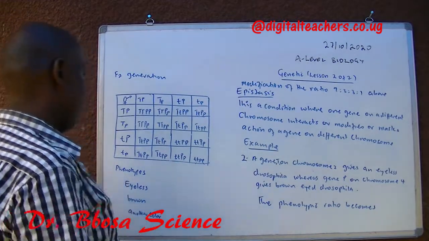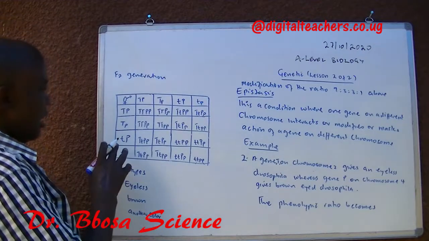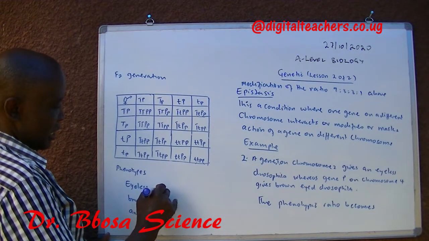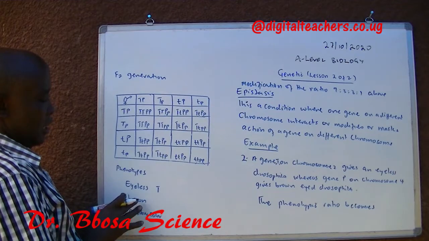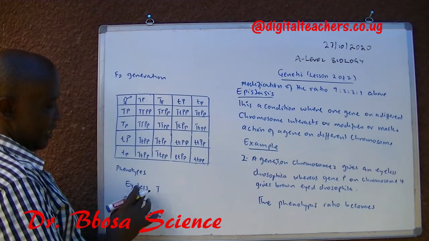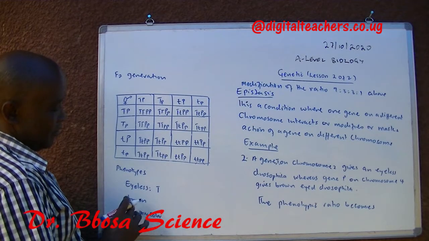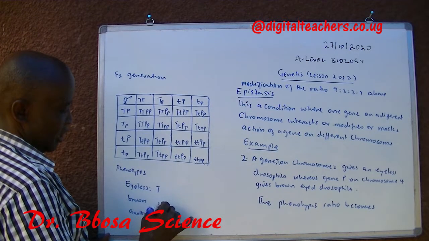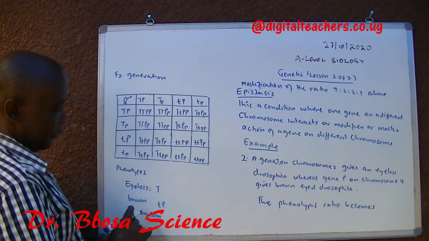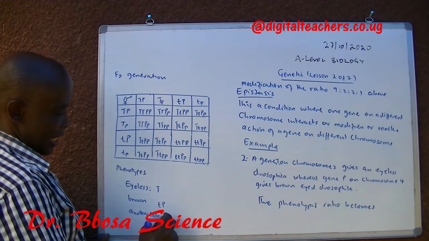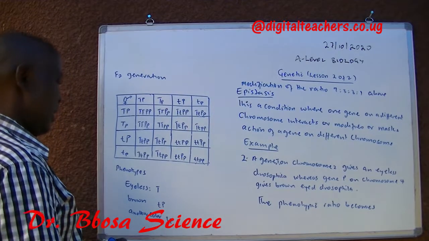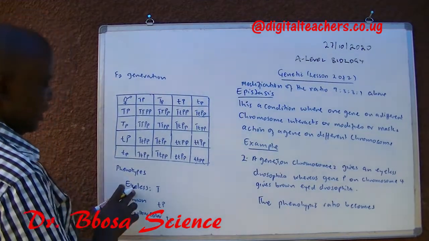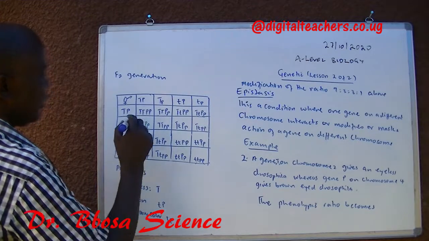So the phenotypic ratio becomes: every time you have capital T, the Drosophila don't have eyes. When you want brown, then you must have capital P, and any other color, small t, small p. So let us see how many are iris.